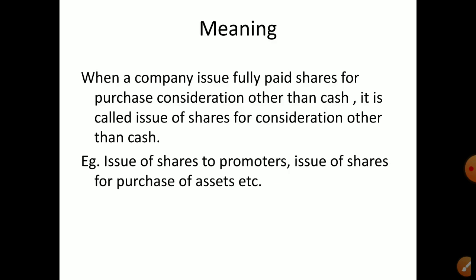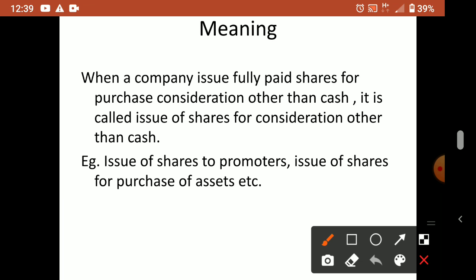Okay, so first, when a company issues fully paid shares for purchase consideration other than cash, it is called issue of shares for consideration other than cash. So fully paid means they assumed it as they paid full money, nothing is remaining to pay.